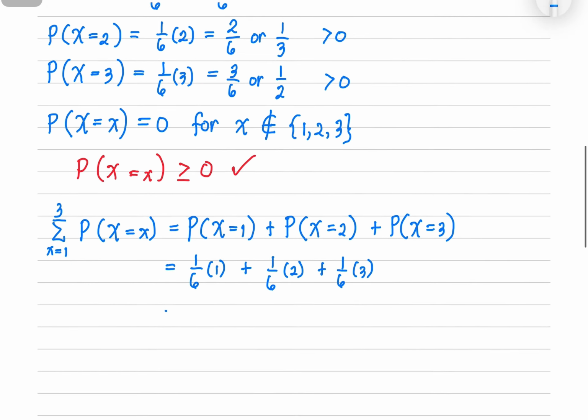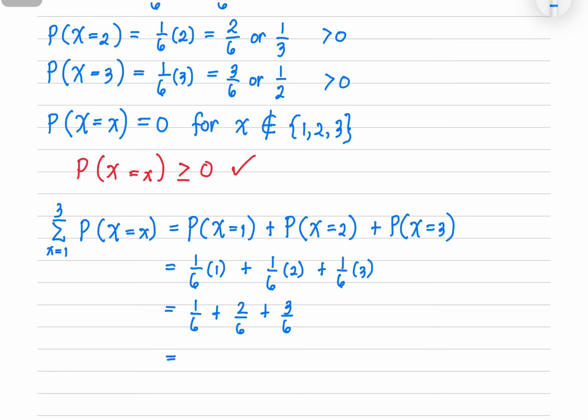And then, let's multiply. So, 1/6 times 1, that gives us 1/6 pa rin. Multiply only the numerator. Plus 1 times 2 equals 2/6. Plus 1/6 times 3, it gives us 3/6.